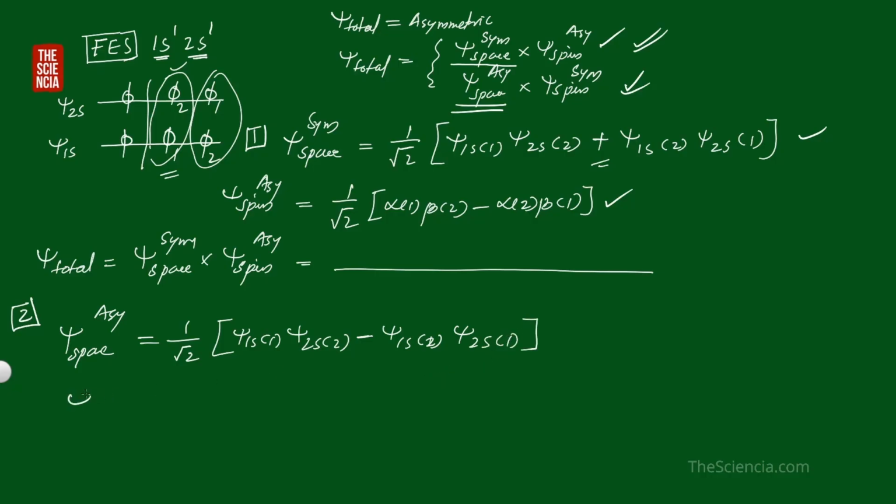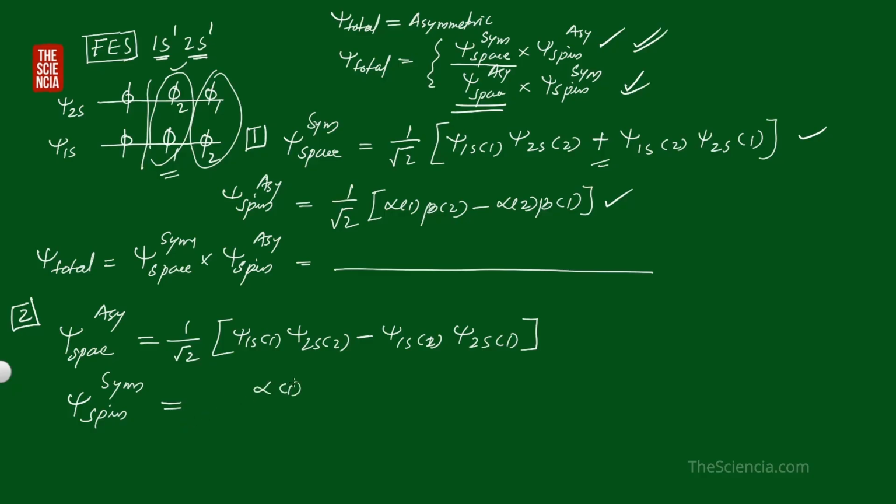And now we have to find out the spin part, a symmetric spin part, right? Then only we get the total wave function as asymmetric. So what are the symmetric spin parts for two particles? We know there are three combinations possible.